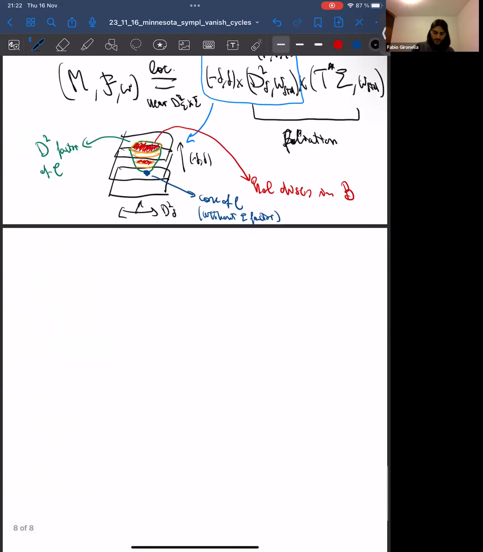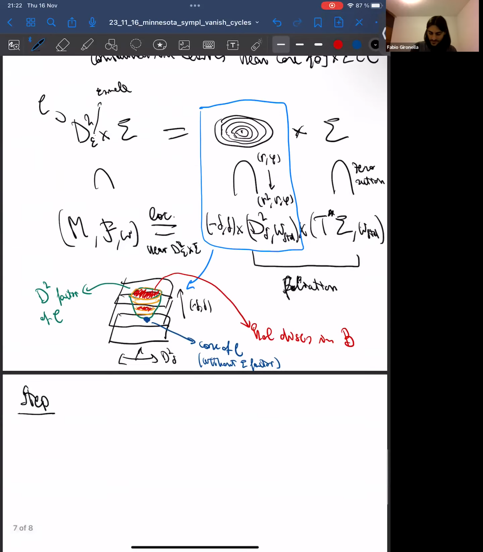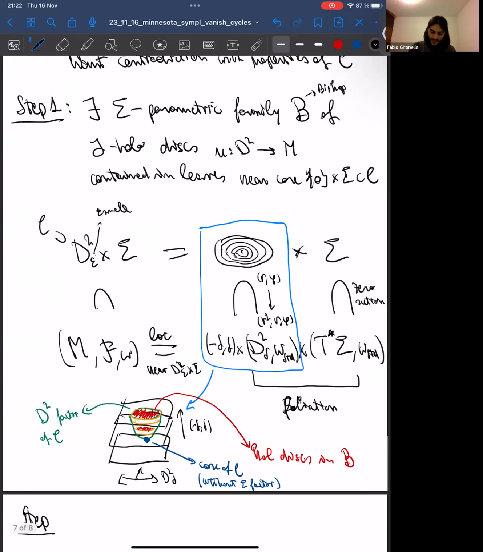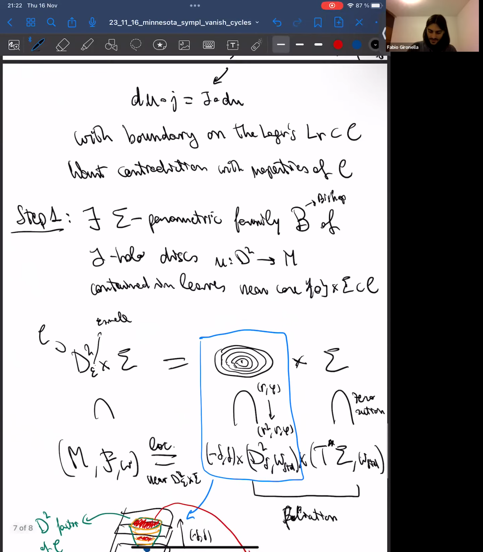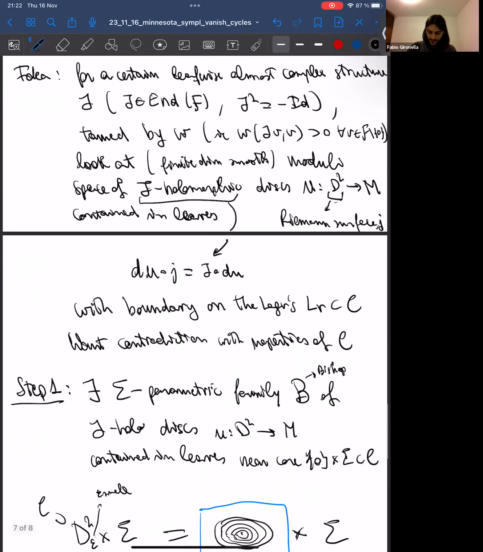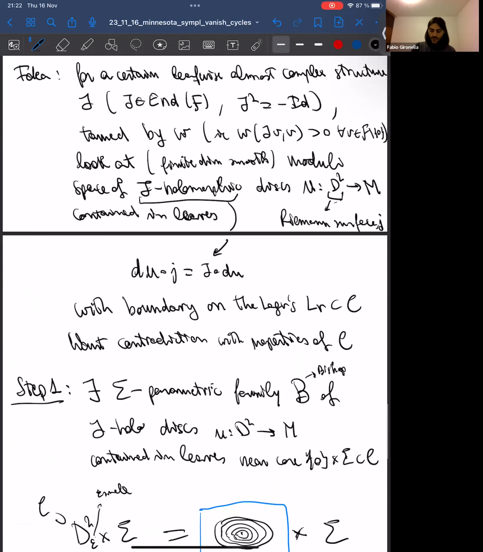Now that we have this family of disks, we do what people usually do in the non-foliated setting. Now that I say this, I can mention that I'm sweeping under the rug a lot of things. This theory of pseudo-holomorphic curves is very standard for the non-foliated case.